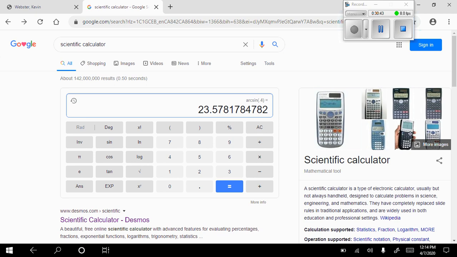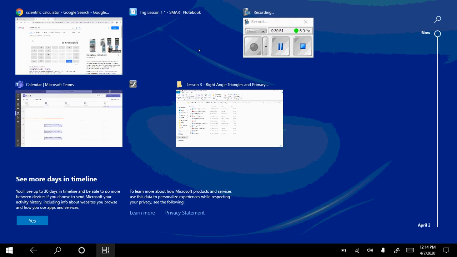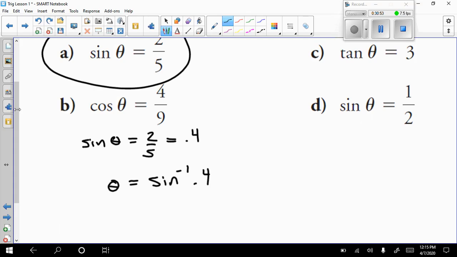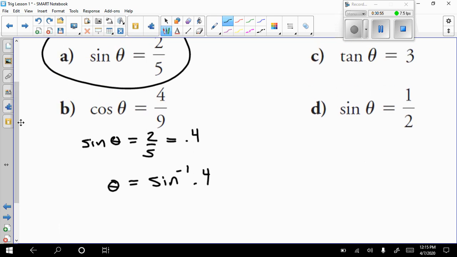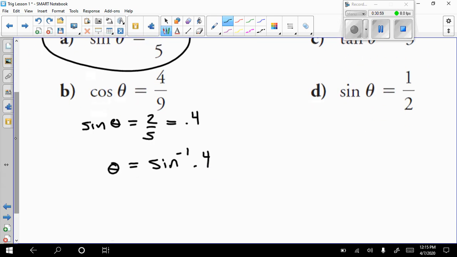And I think they said to go to one decimal place, so we'll say 23.6 degrees. Here we go. 23.6 degrees. All right, there you go.